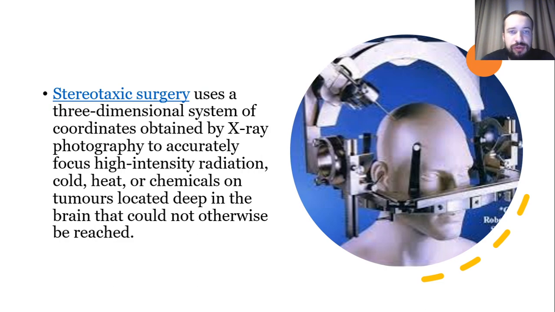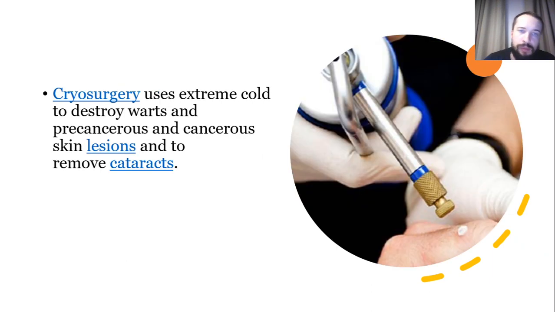Stereotactic surgery uses a three-dimensional system of coordinates obtained by X-ray photography to accurately focus high-intensity radiation or chemicals on tumors located deep in the brain that could not otherwise be reached. Cryosurgery uses extreme cold to destroy warts and precancerous and cancerous skin lesions and to remove cataracts.